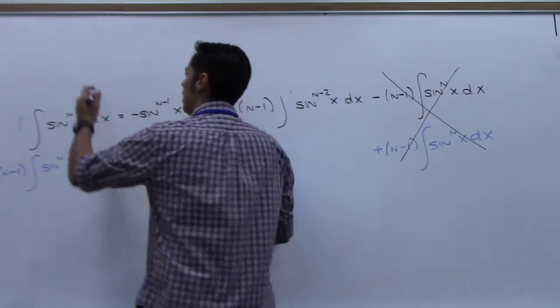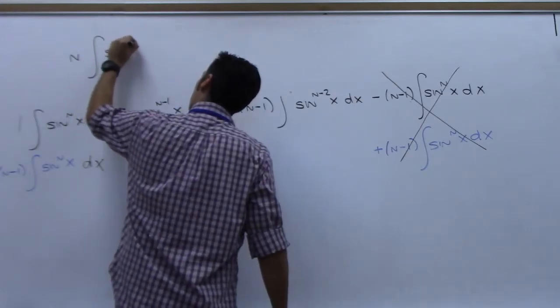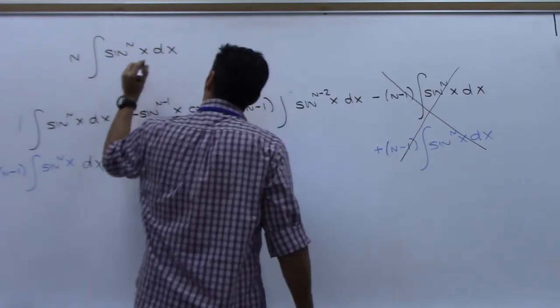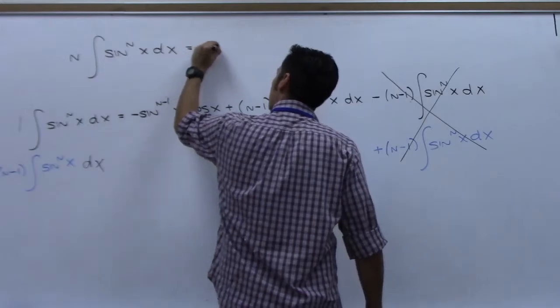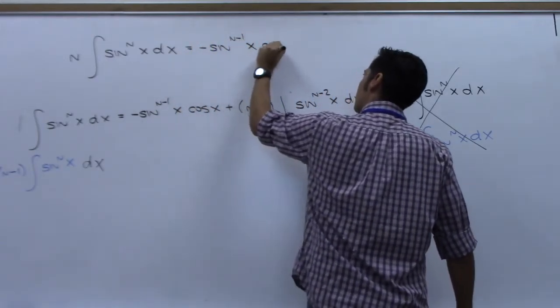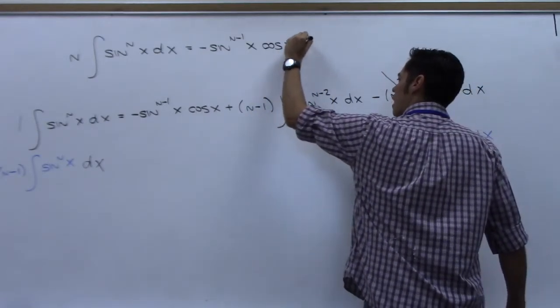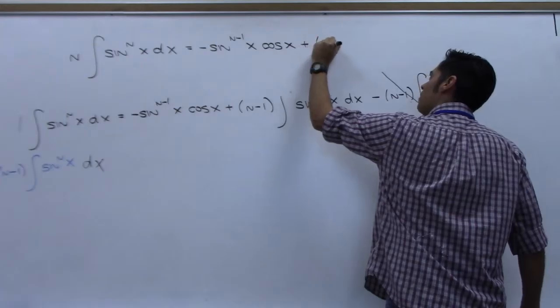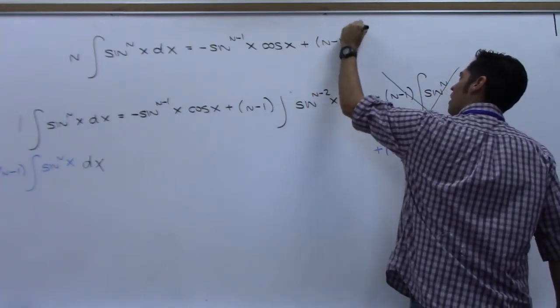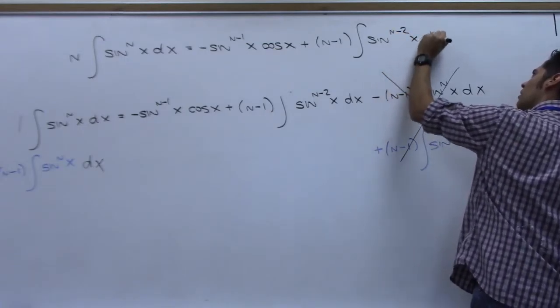So we have n of the integrals that we are interested in equal to negative sine to the n minus 1 x cosine x. I heard, you had the little light bulb go off there? Yes? You see it? Plus n minus 1 integrals of sine to the n minus 2 x dx.